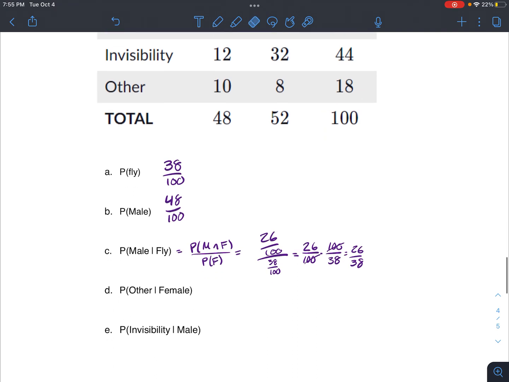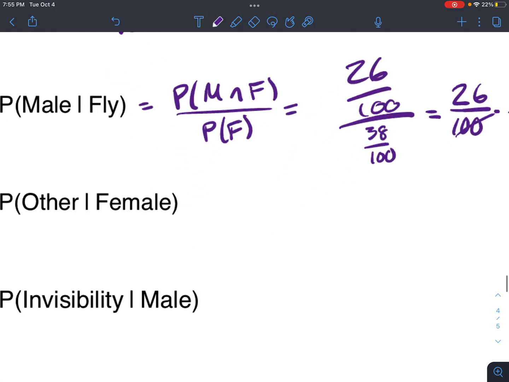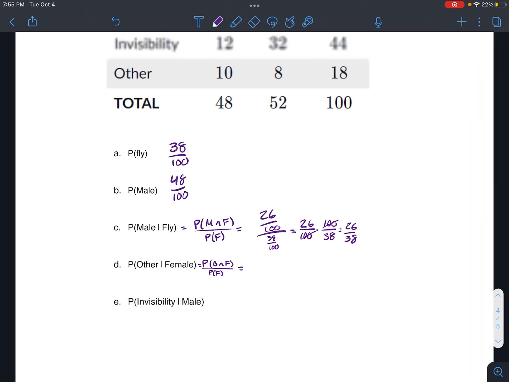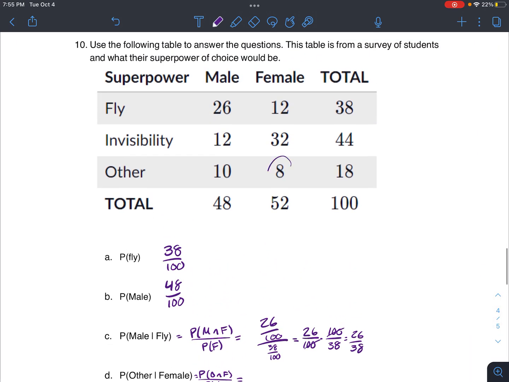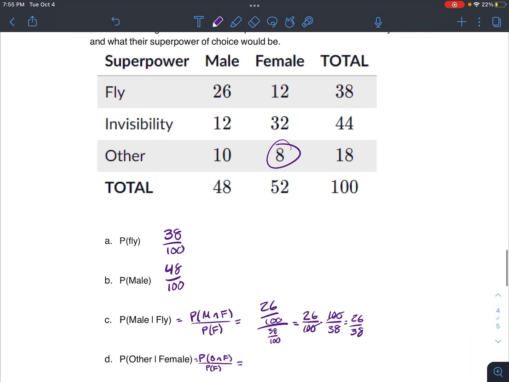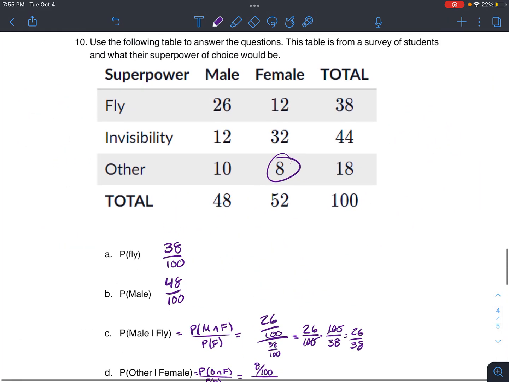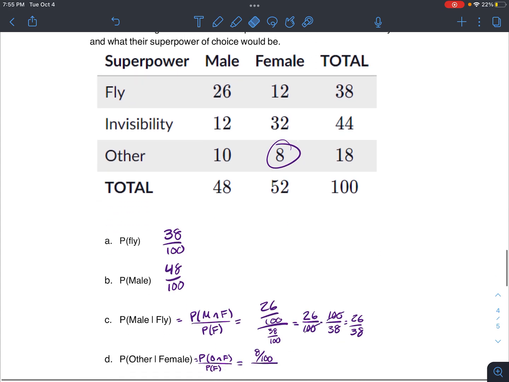Now the probability that you want any other superpower given that you're female. This is going to look like the probability of other and female given that we are female. If you want something else and you're female, you're going to have 8 out of 100 over the probability that you're female.